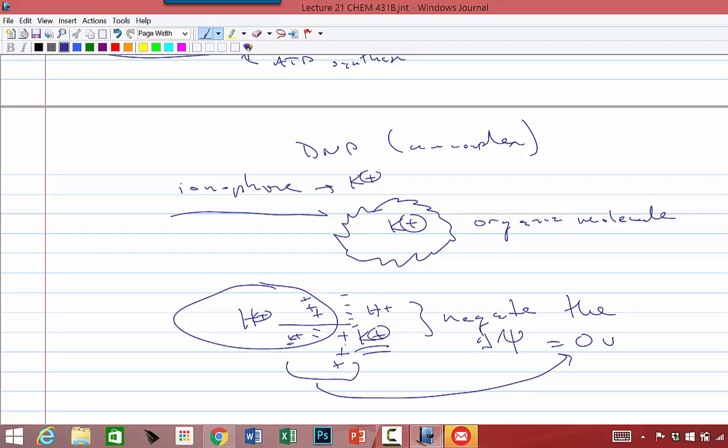In mitochondria, you actually have more of a charge difference which runs this reaction, whereas in chloroplasts you tend to have more of a concentration difference. Okay.